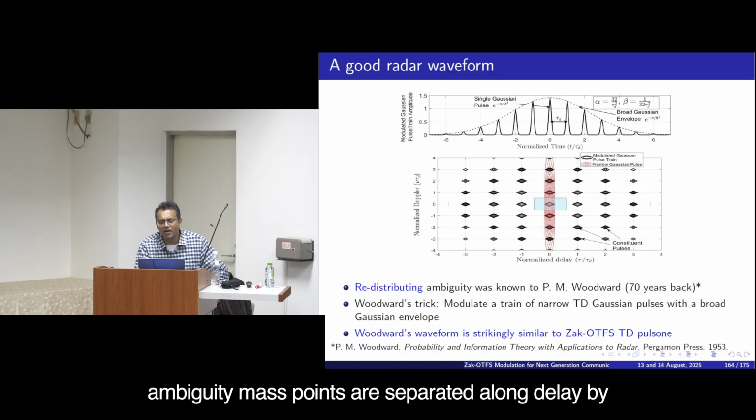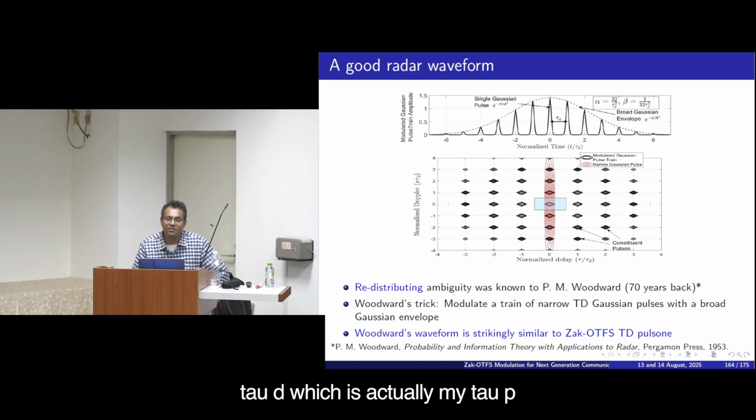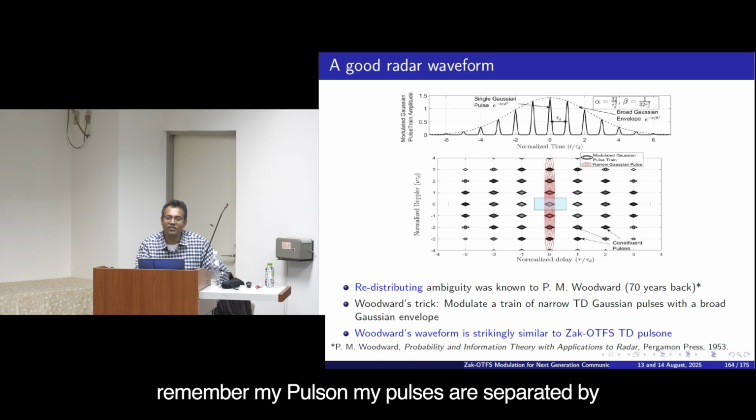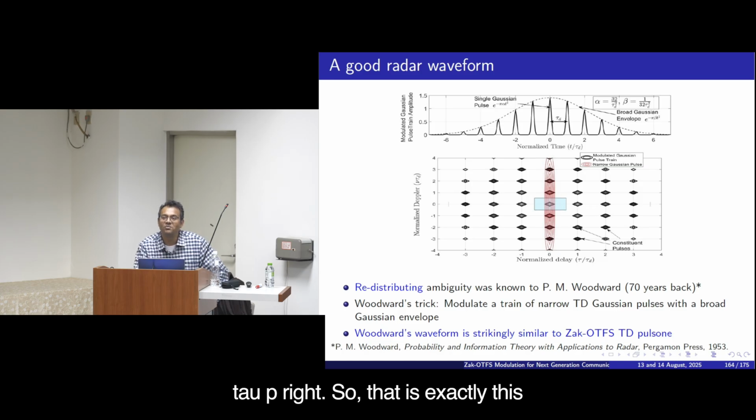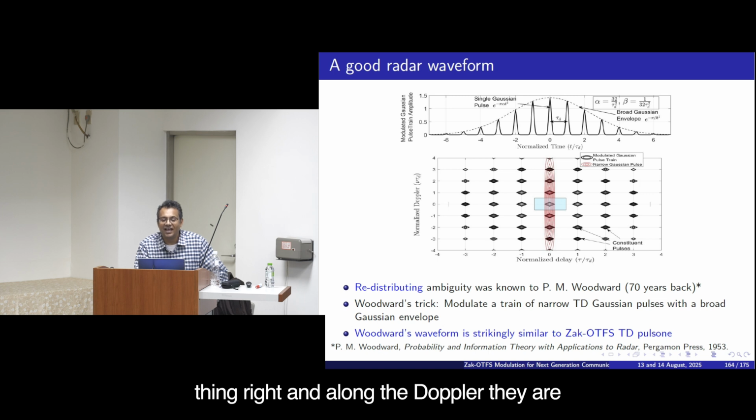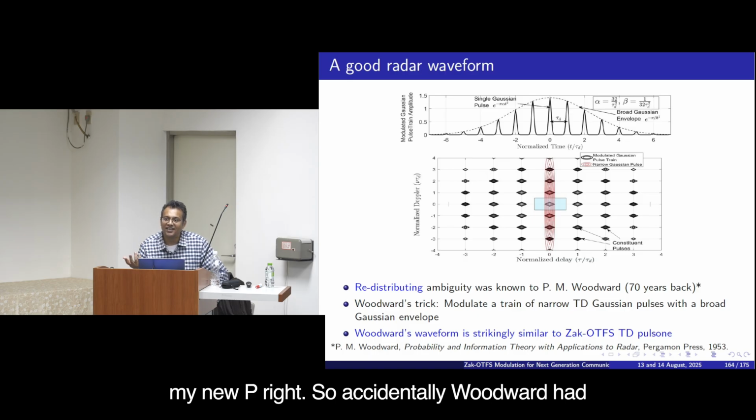So, these ambiguity mass points are separated along delay by tau d, which is actually my tau p. Remember my pulsons, my pulses are separated by tau p, right. So, that is exactly this thing, right, and along the Doppler they are separated by 1 over tau d, which is my nu p, right.